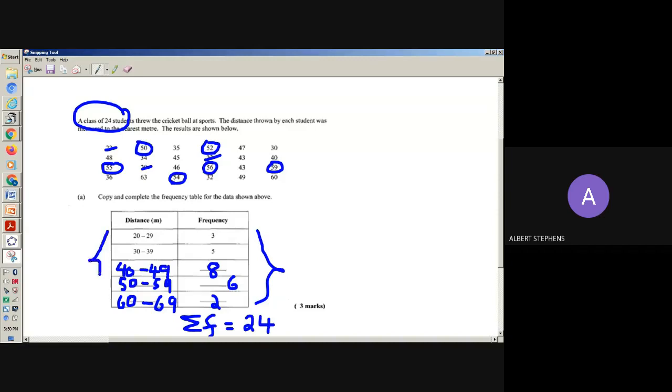So these are called class intervals. Please make a note of that. So 20 to 29, 30 to 39, etc., they're called class intervals.